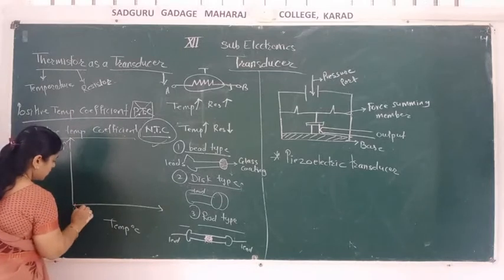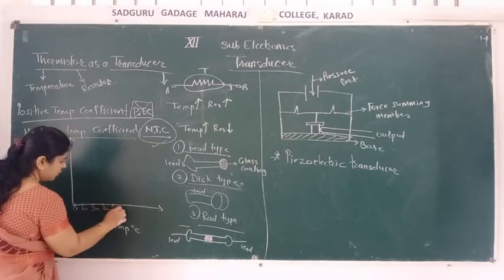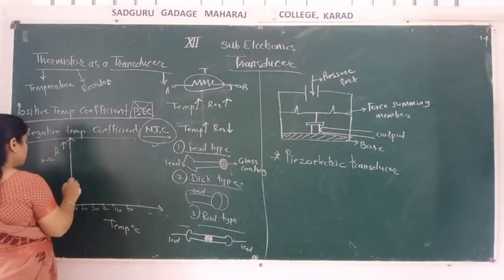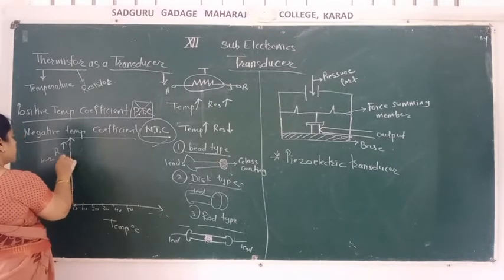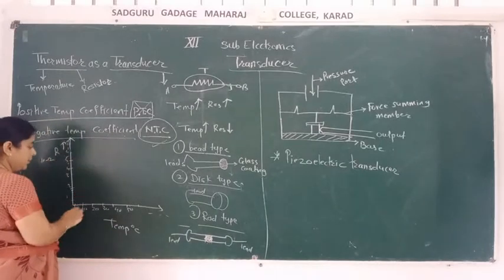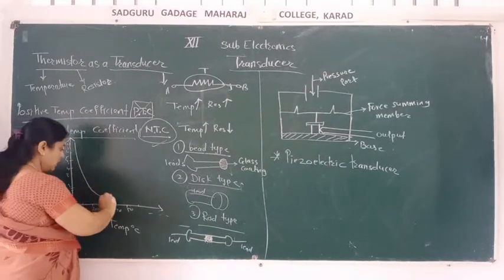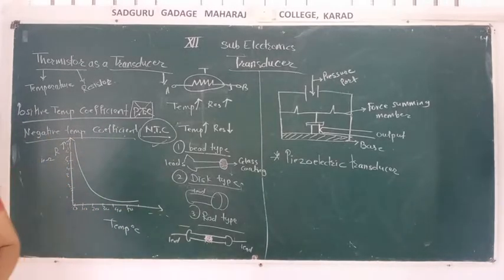If it is 0, 10, 20, 30, 40, 50, then 1, 2, 3, 4, 5, 6. What happens if temperature goes on increasing? Then resistance goes on decreasing. This graph will be like this.